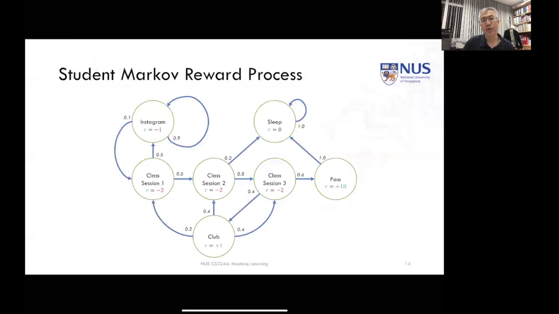So let's take a look at a student, the same case with rewards incorporated. Okay, so we can say, for example, starting at class 1, as soon as I leave the class 1 state, either by going to Instagram or by going to class session 2, I've spent some mental capacity and I've incurred a negative reward.